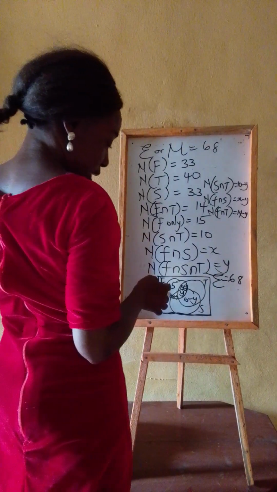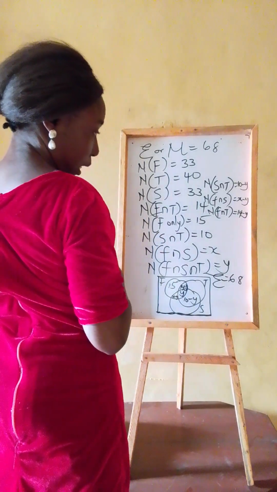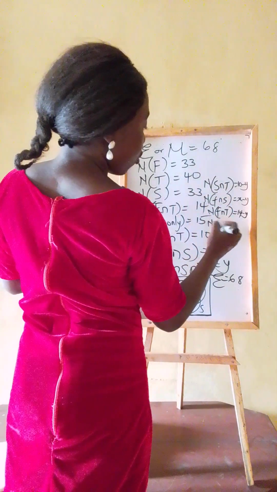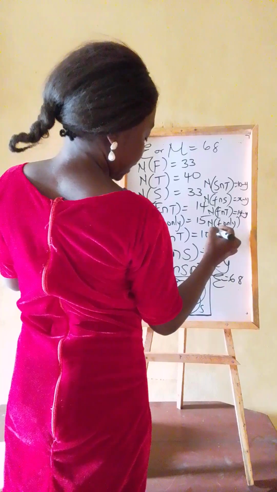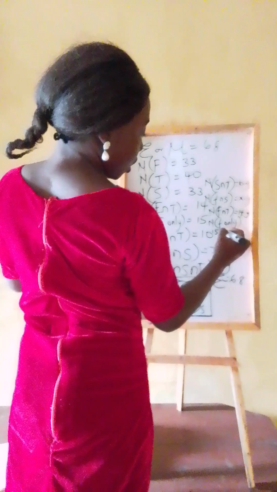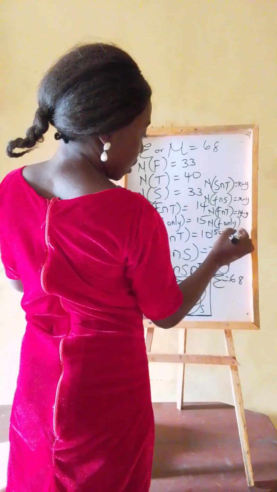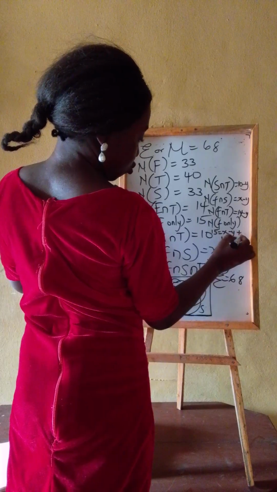So that's why I decided to do x minus y. So, to know the number of feed only, we have been given 15, which equals x minus y plus 14 minus y plus y.